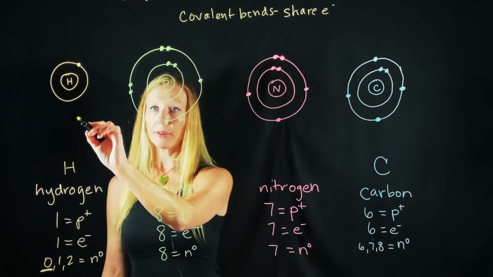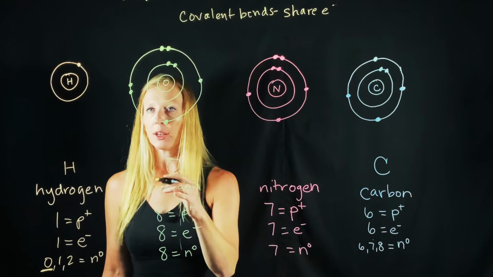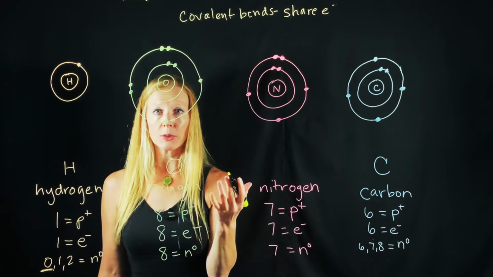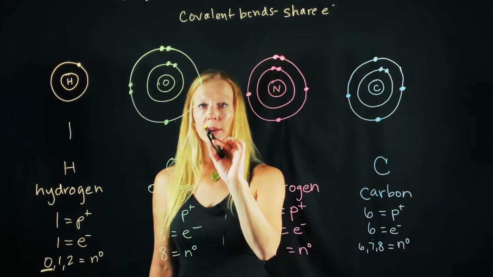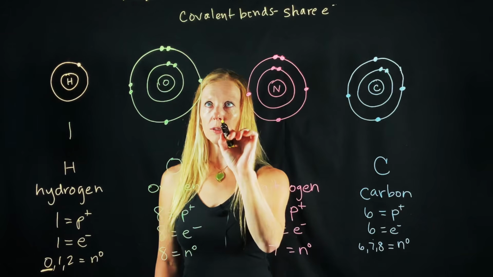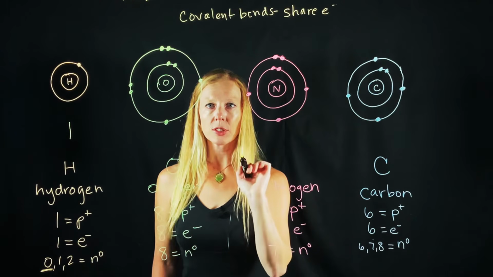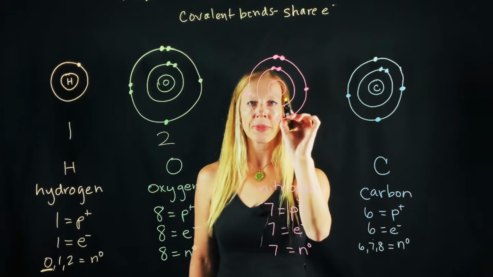So if we look at hydrogen, it has 1 electron in its outer and only shell, and it would like to have 2 to be full. So how many are we missing? Okay, we're missing 1. How about oxygen? That outer shell, again, that's the only one we care about for reactivity, has 6 electrons, but there's a max capacity of 8, so we are missing 2.